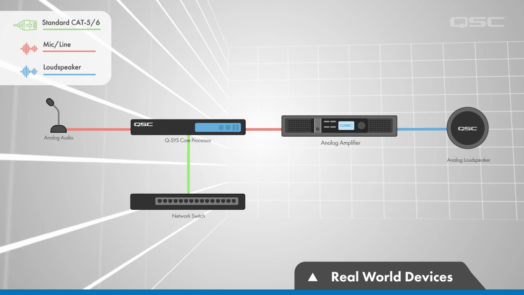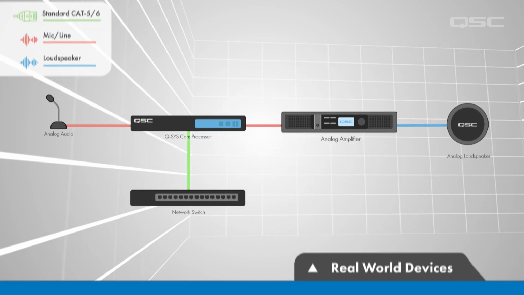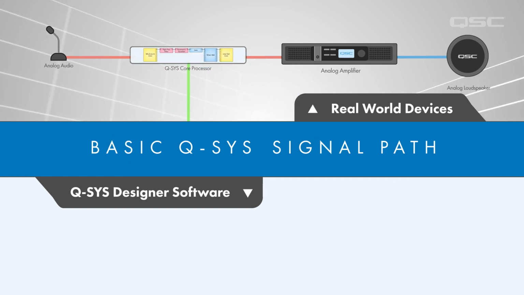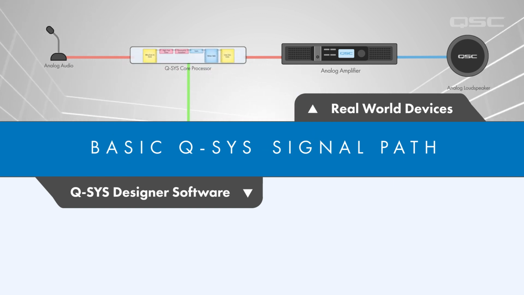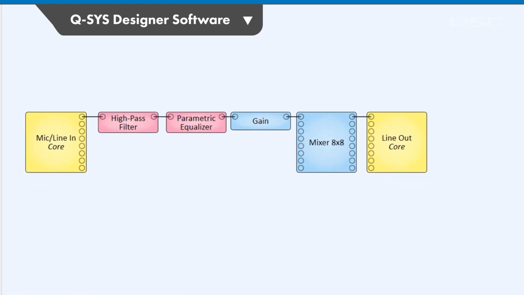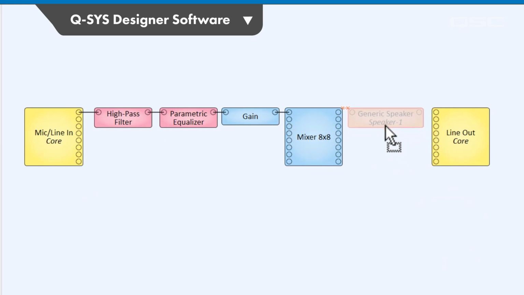In this case, those analog amplifiers and loudspeakers would not be represented within QSys, because all QSys knows is that the audio is leaving the QSys environment, and you can then do anything you like with it in the real world. Although you might want to provide some inline speaker tuning, which we'll talk about in later videos.